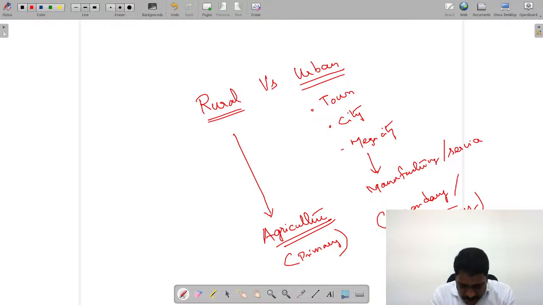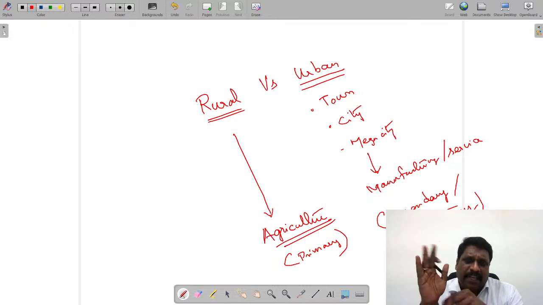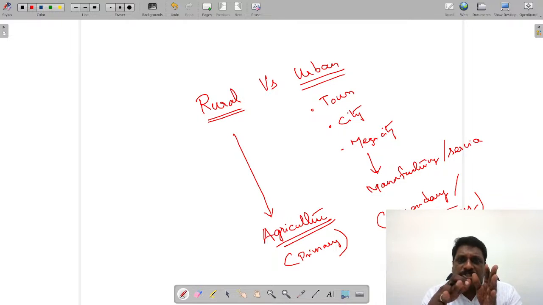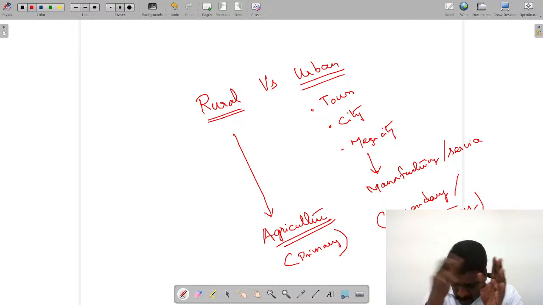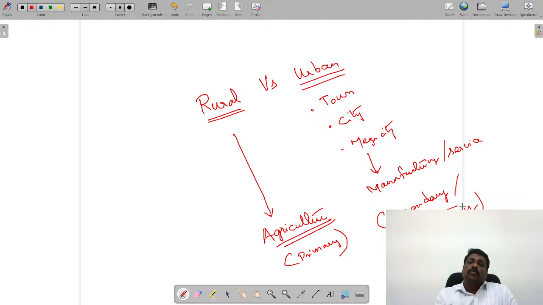So whichever region where agriculture is the more dominant economic activity, you call them as what? Rural area. Wherever manufacturing or service industries are dominating, you call them as what? Urban area. So urban area is that place where agriculture as an economic activity is very minimal. Okay. So that is the basic difference between rural and urban areas.